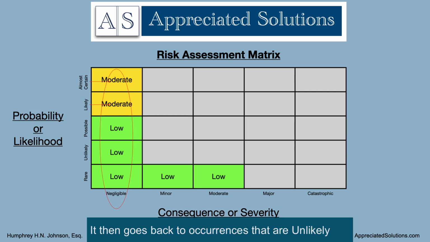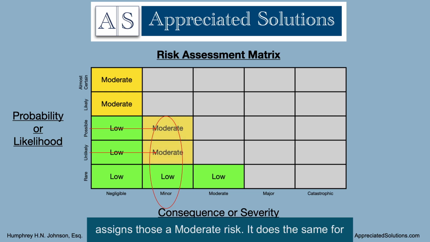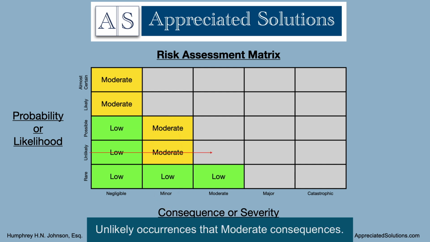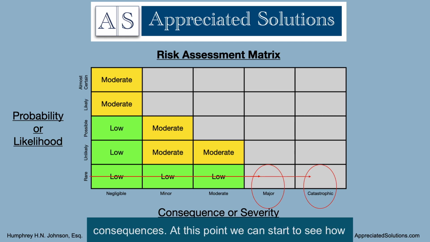It then goes back to occurrences that are unlikely or possible that have minor consequences and assigns those a moderate risk. It does the same for unlikely occurrences that have moderate consequences, and then it assigns moderate risk levels for rare occurrences that have major or catastrophic consequences.